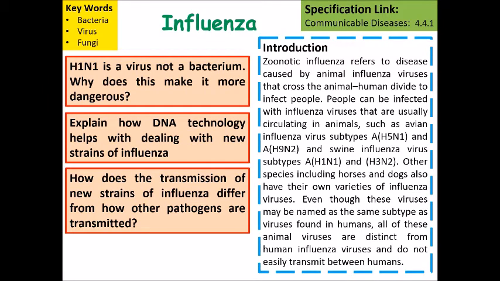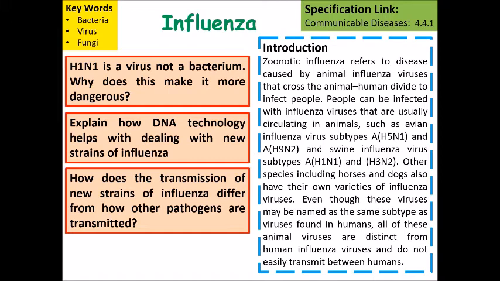So, this set of 3 short questions relates to this small case study. Zoonotic influenza refers to a disease caused by animal influenza viruses that cross into human populations, so cross that human-animal divide and infect people.